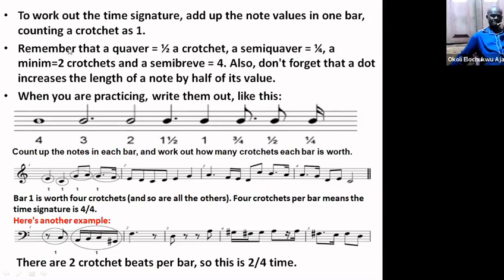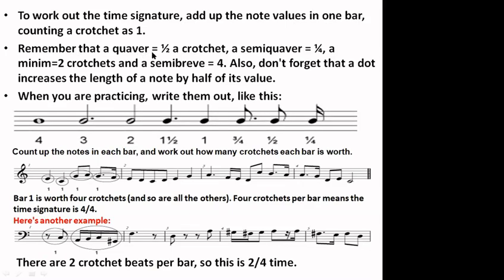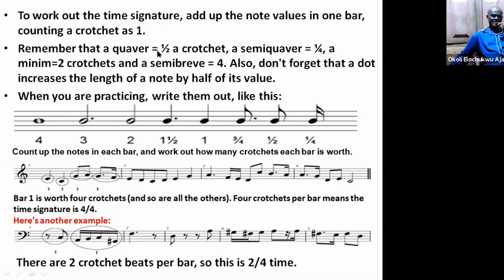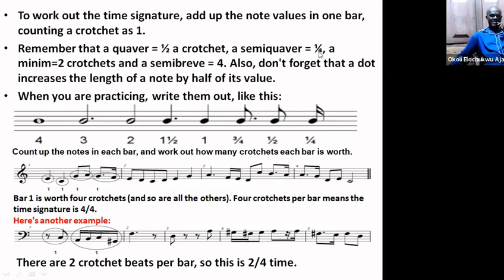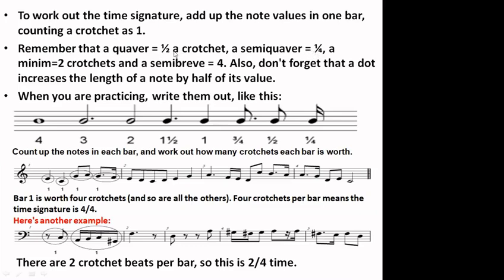Okay. Now remember that a quaver is half a crochet. A semiquaver is 1/4 of a crochet.